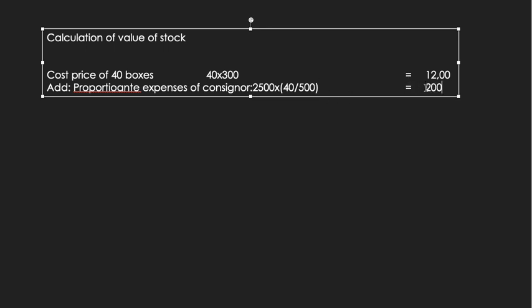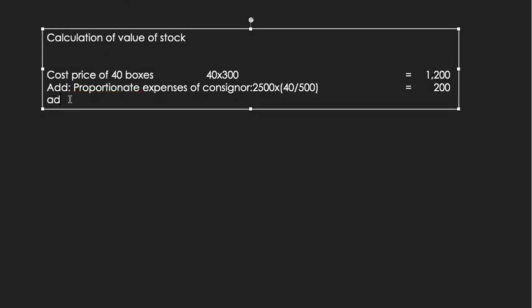So 200 rupees is the total expenses here. Which expenses? This is the expense which is met by the consignor. Now we are going to add the proportionate expenses, the same expenses, but those taken by the consignee. If we see, the consignee is taking the delivery of 480 boxes and he is spending 1,200 rupees as non-recurring expenses.